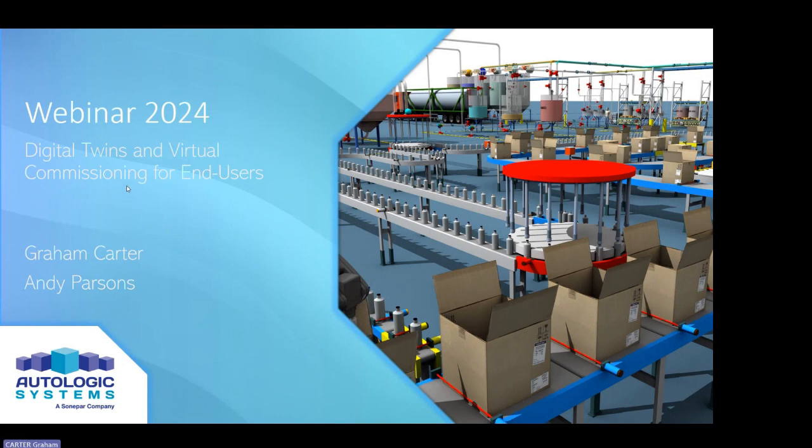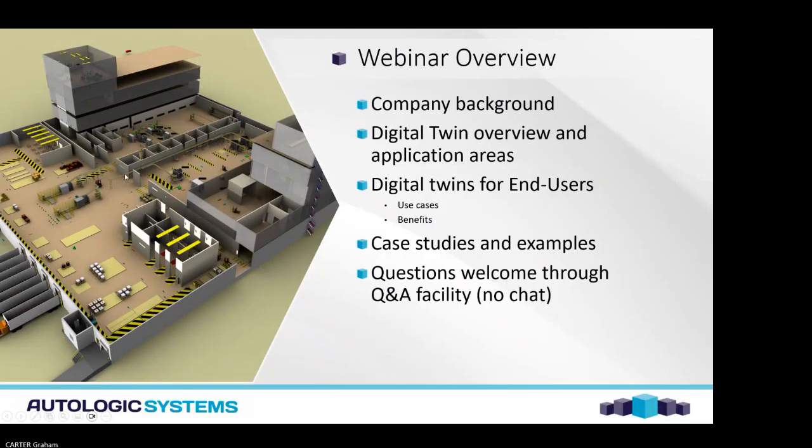So we're on a bit of a tight schedule, about 30 minutes, so let's get stuck into it. I'll give you a quick overview of what we're going to show and talk about. I'll start off and give a quick overview of the company, and then I'll hand over to Andy, who's going to talk about digital twins, what they mean to Autologic, and where we use them.